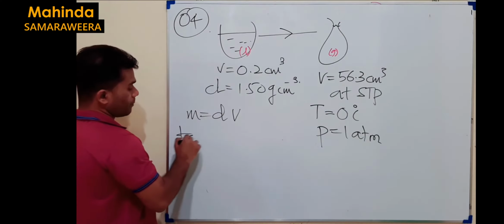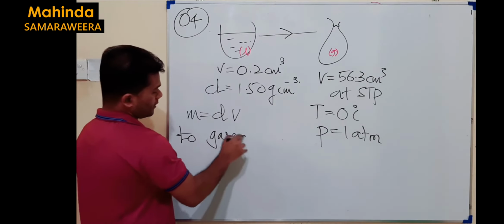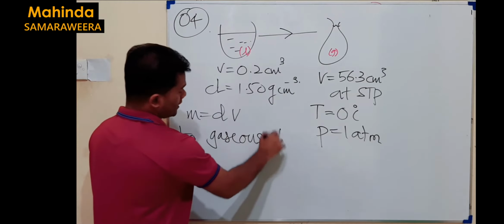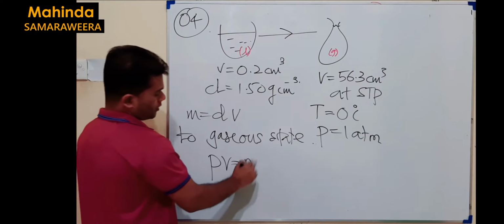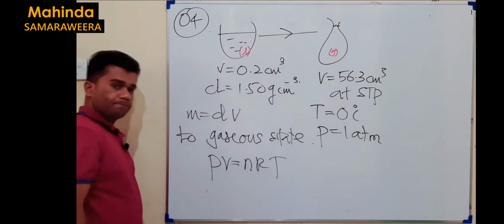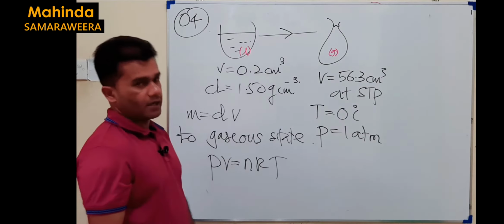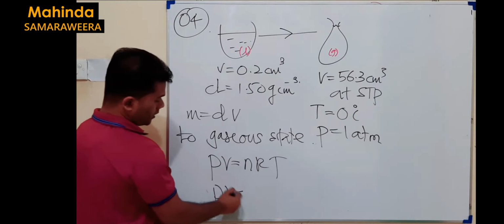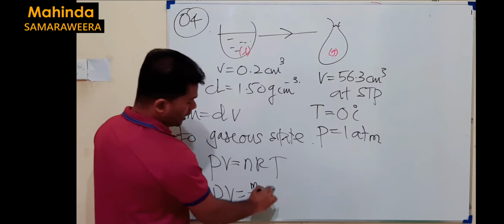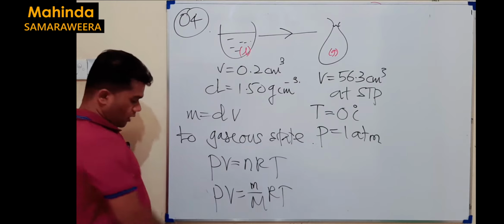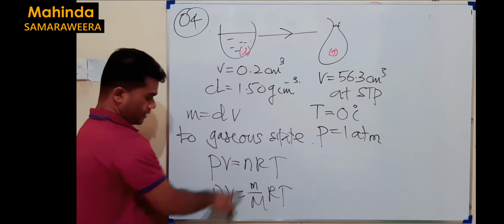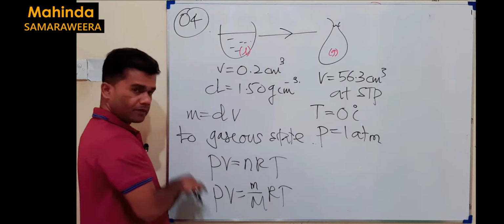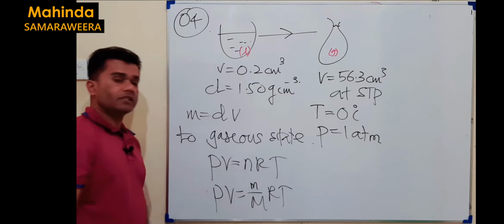Then for the gaseous state, you can apply PV equals nRT. But we need to introduce the molar mass. Then PV equals mass over molar mass, times RT. Pressure is known, volume is known for the gaseous state, mass is known, R is constant, T is also known.